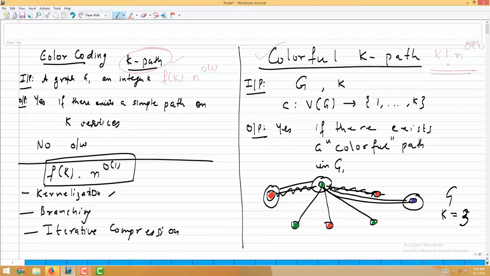But if you are not able to find a colorful k-path, can you say that there is no k-path in this graph? No. Why? It's because the coloring that we chose might not have made the vertices of the k-path that was there in the original graph colorful.